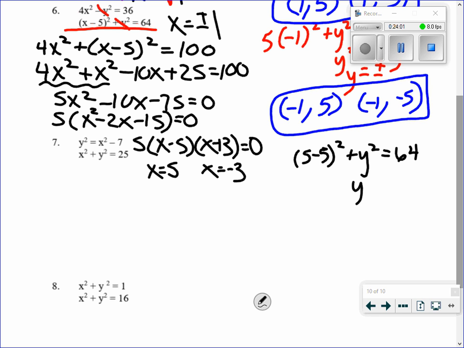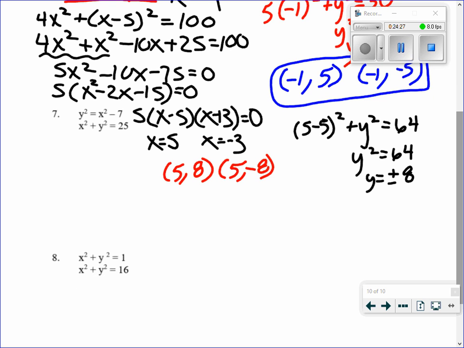So I just have y squared is equal to 64. So y is equal to what? Good. Plus or minus 8. So I know when my x is 5, I have positive 8 and negative 8 too. So far I have 2 solutions. Let's see how many more we will have.